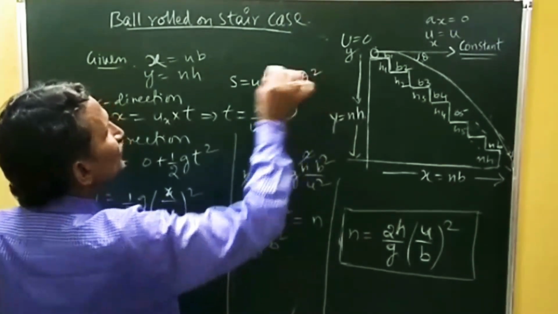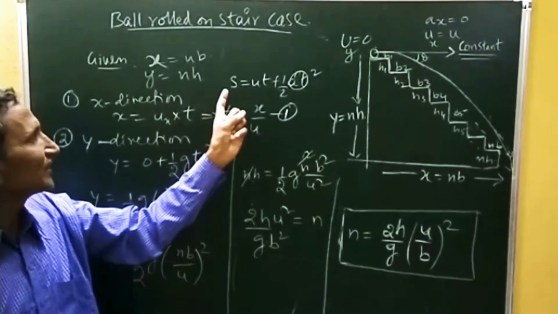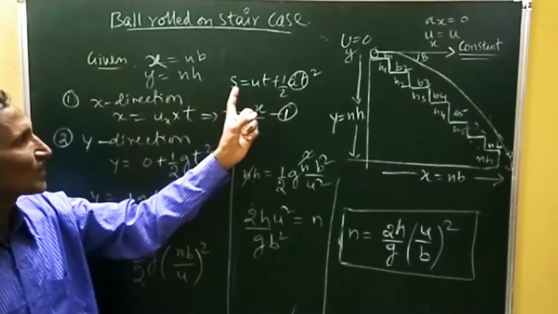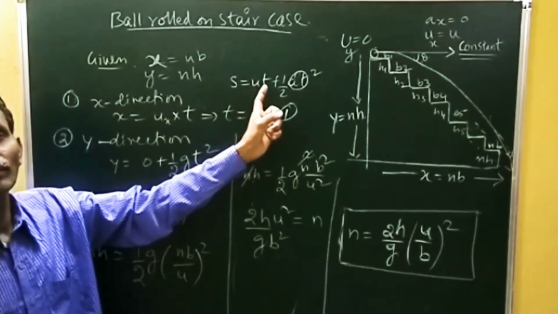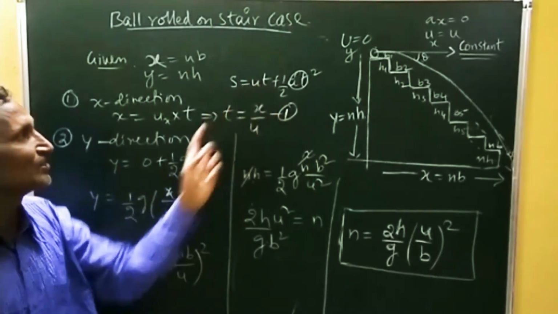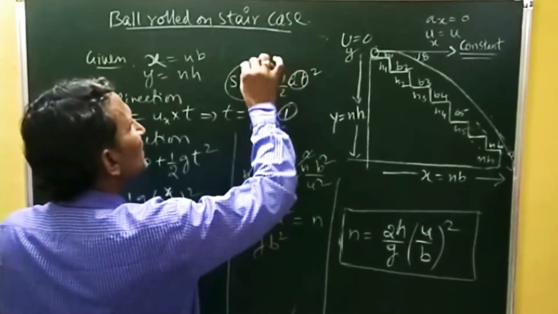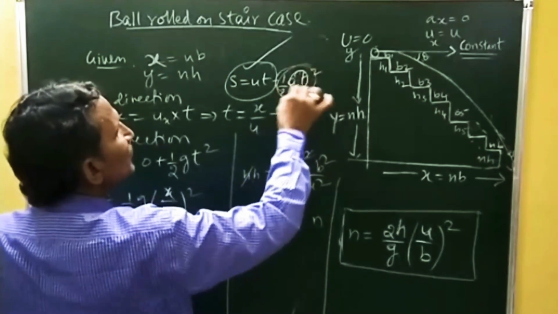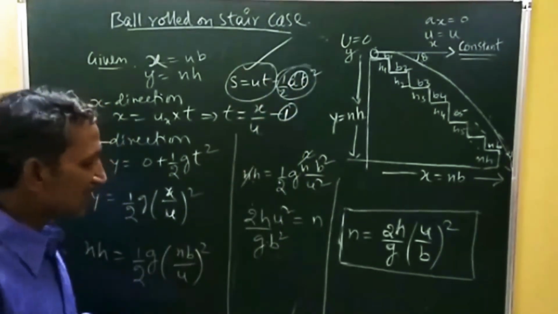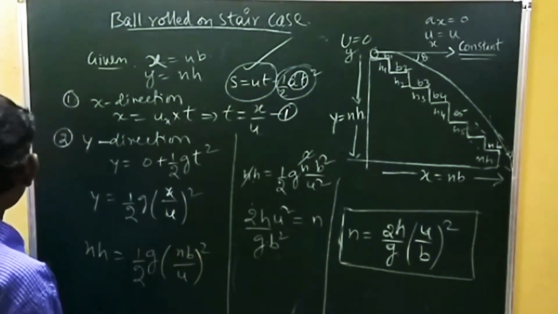The acceleration along the x direction is 0, so the displacement along x is horizontal velocity into total time.